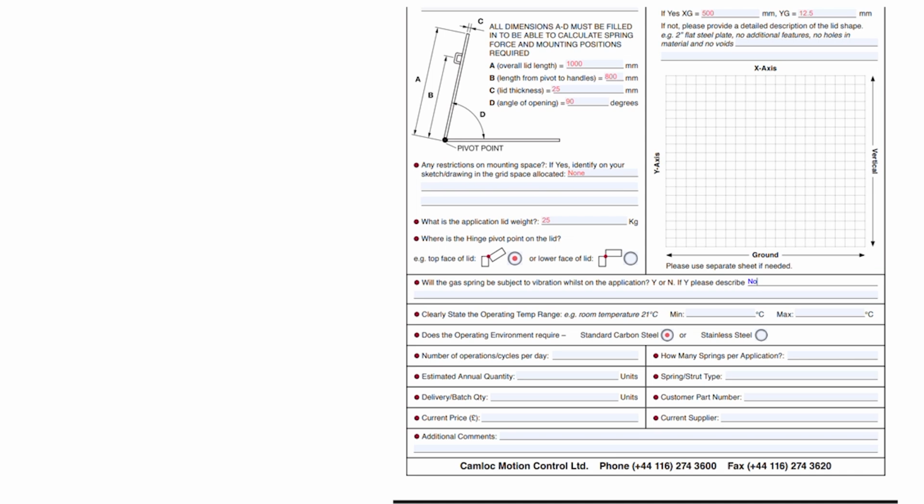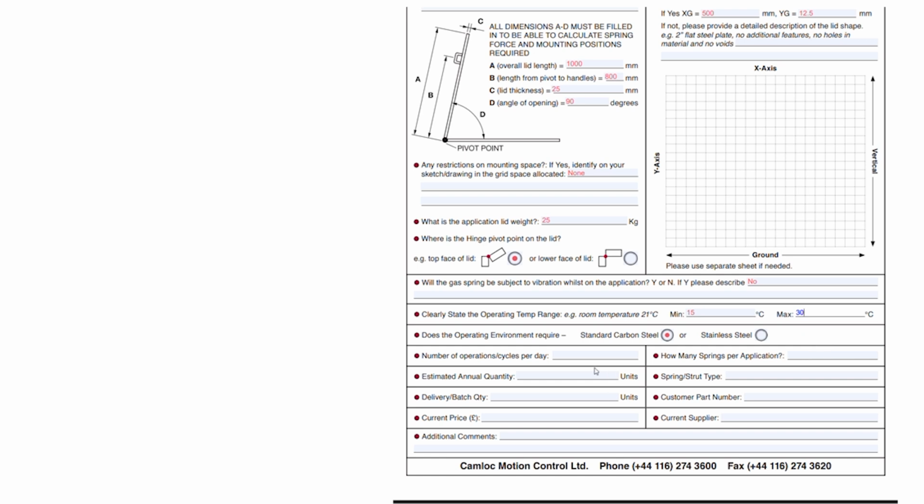So we need to know this type of information if it's available. On this one, in a lot of cases, if it's room temperature, it will be 20 degrees or thereabouts, and maybe a range of 15 to 30 degrees as we'll use in this example.